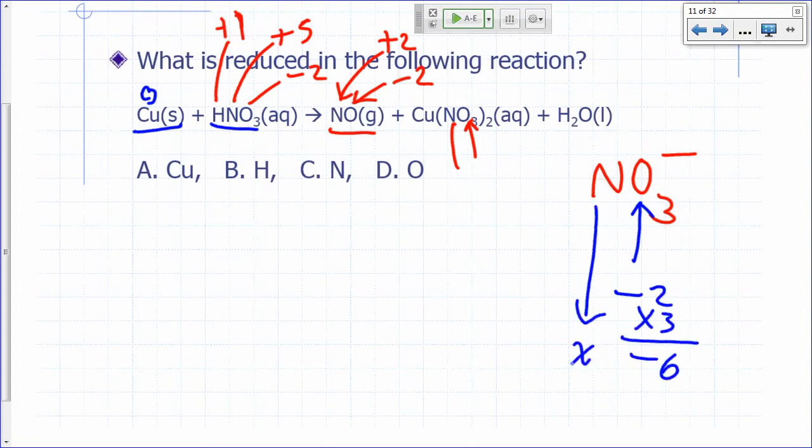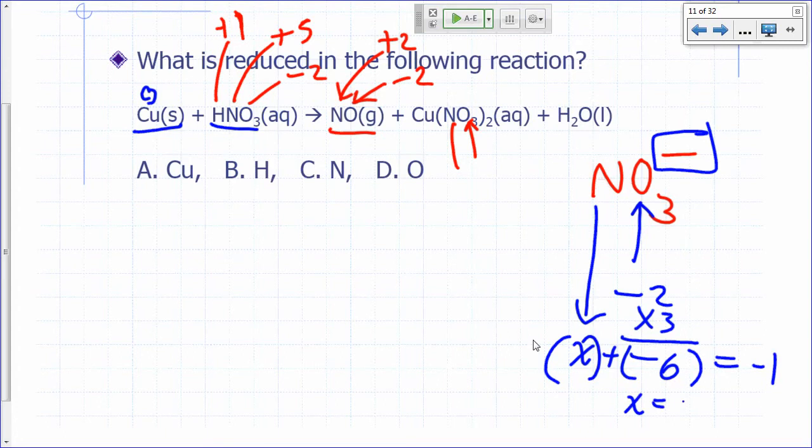So the nitrogen must be what? X plus -6 must be equal to -1. That's the overall charge. So what's the nitrogen here? +5. So if your polyatomic ion remains more or less intact during the reaction, then the oxidation number hasn't changed. So nitrogen here is still going to be +5. Each of the oxygens here will have an oxidation number of -2.